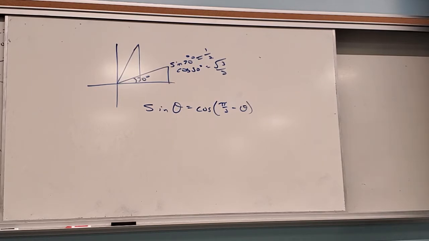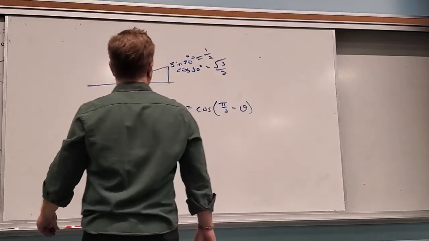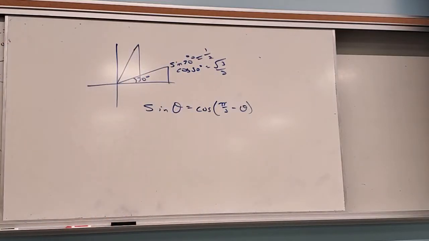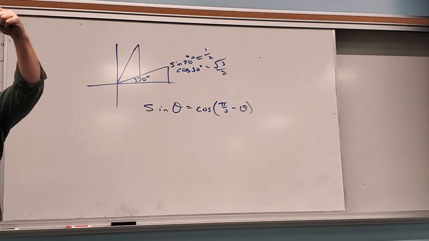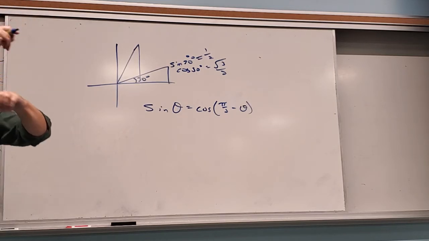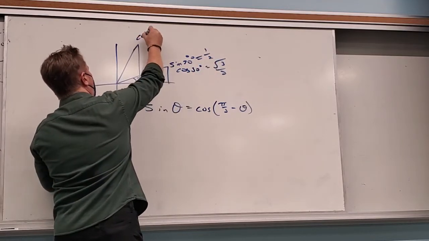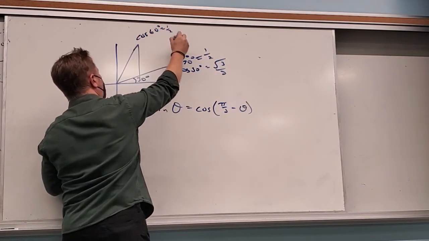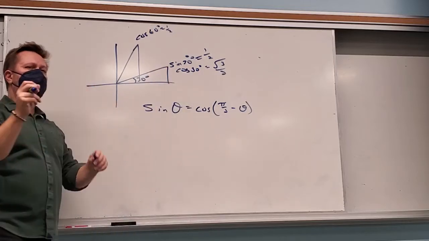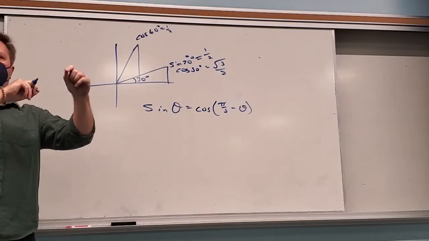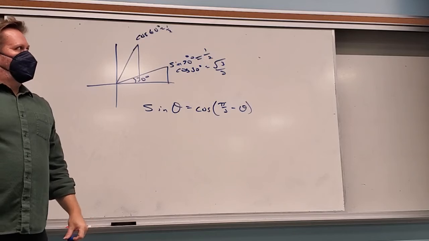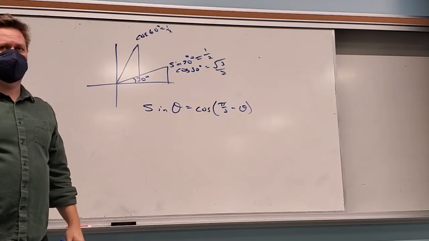And again, what's the other way to look at this? Because sine and cosine both grow in opposite directions. Sine gets to 1/2 at 30, cosine gets to 1/2 at 60. They're always offset by 90. We know they're offset by 90 just looking at their graphs. Okay.